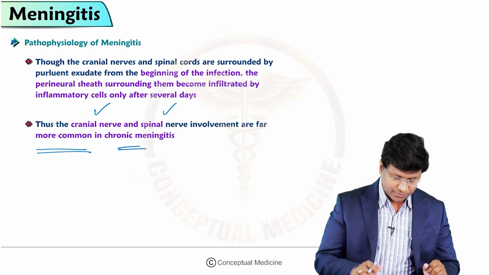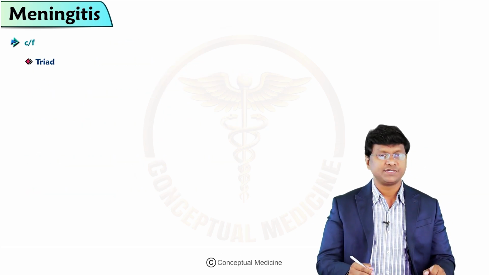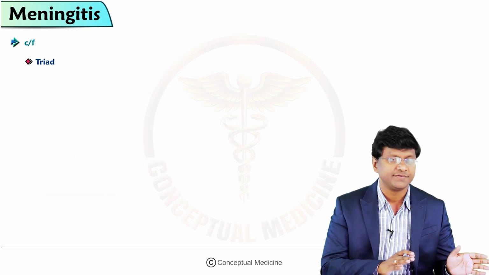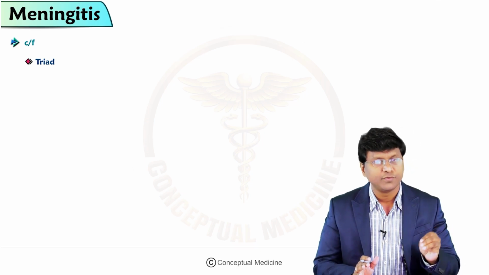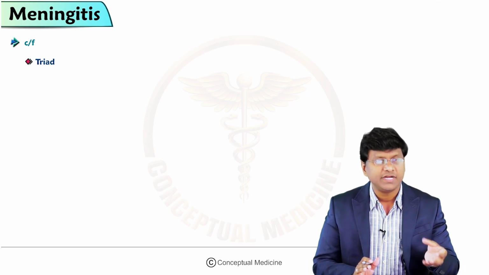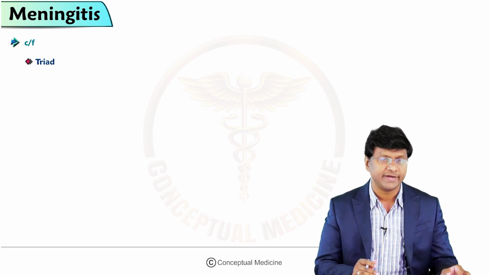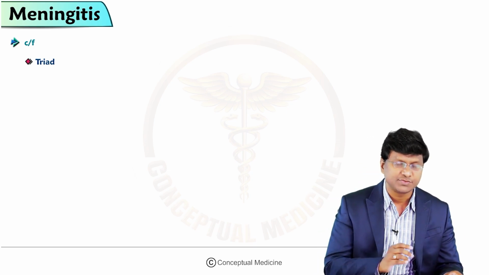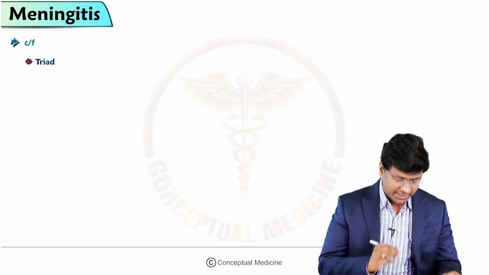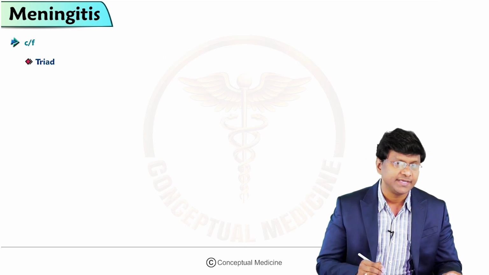Now, what will be the clinical manifestations in meningitis? Basically, what we have discussed in pathophysiology is how the purulent fluid enters into the subarachnoid space and how there will be development of hydrocephalus. These two important things we have discussed in the pathophysiology. Now, what is the triad in case of meningitis?